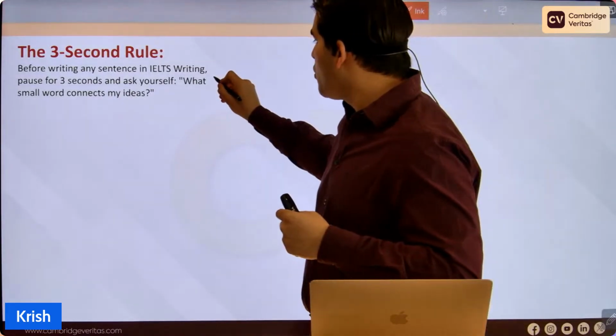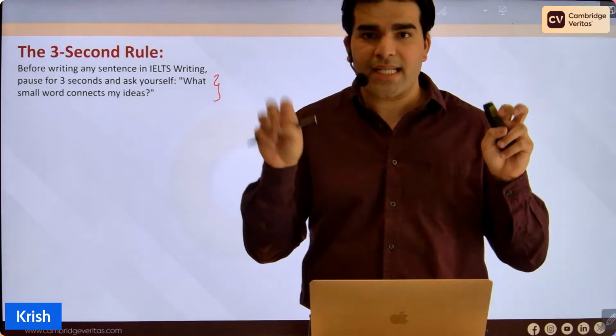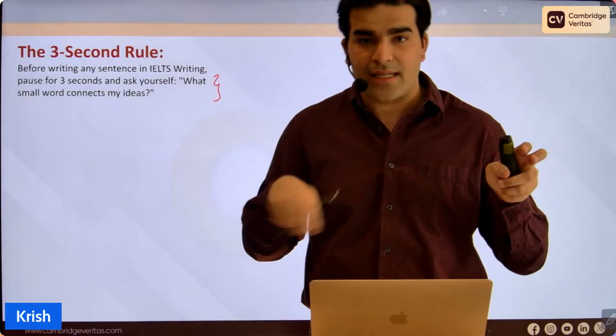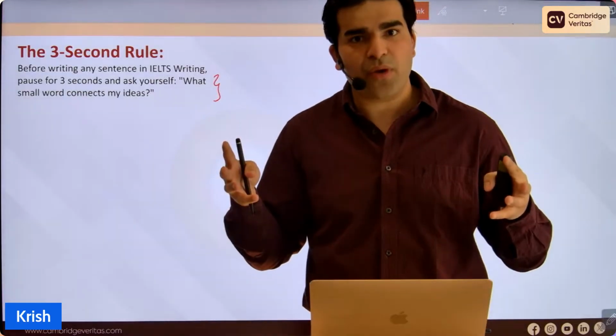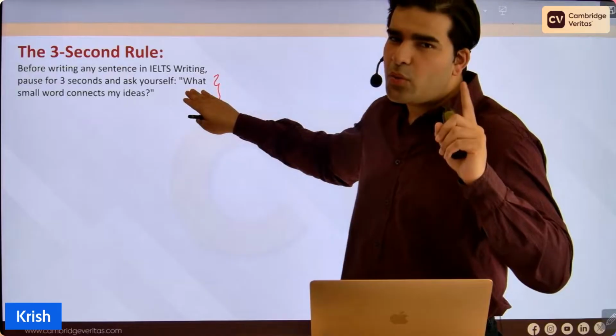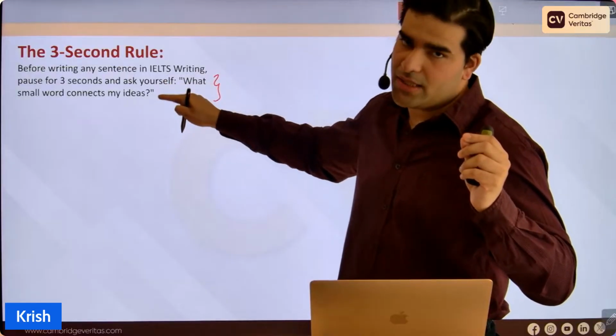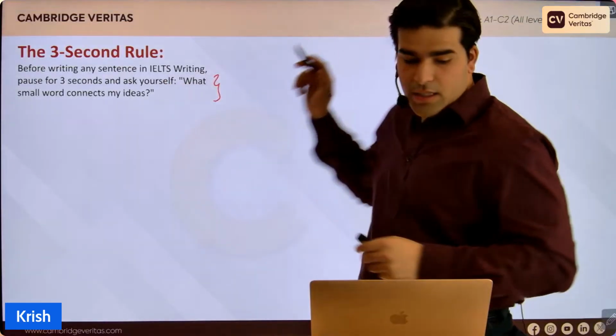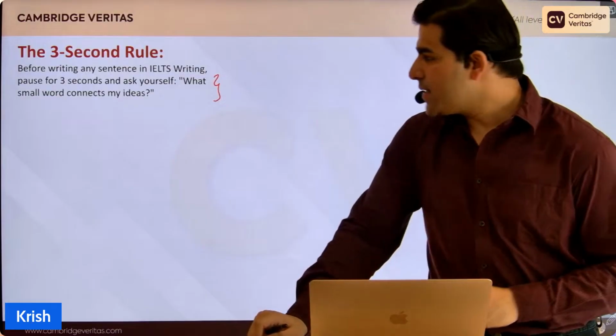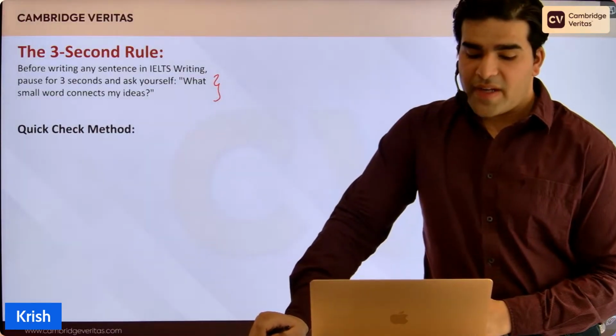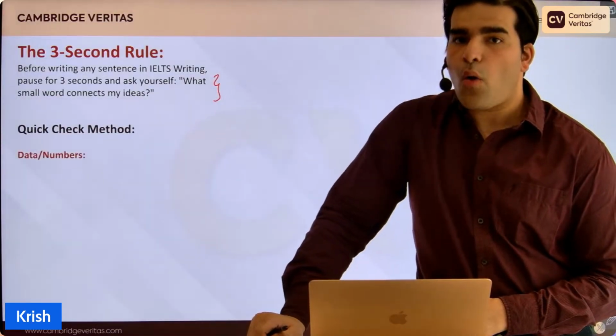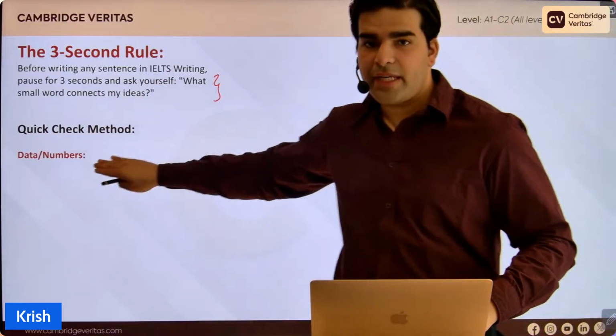What small word, as in of, and, at? These are prepositions, right? What is that one word that connects my idea better? So the quick method is, for example, whenever you're talking about data or numbers, listen carefully.